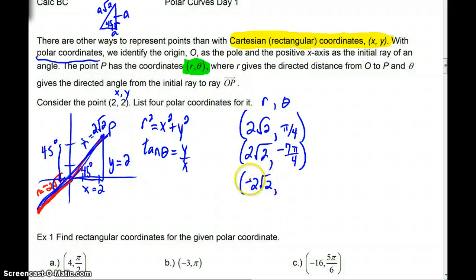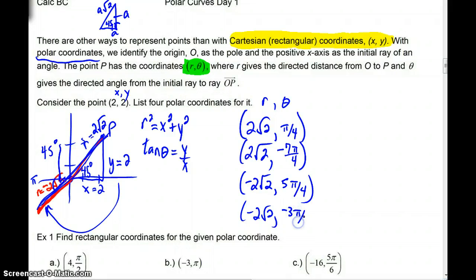So we could see that if we went pi over 4 past pi, we'd be at 5 pi over 4. Similarly, if we were to go in a negative direction, you could see that we'd be falling short of negative pi, so we'd be arriving at negative 3 pi over 4.